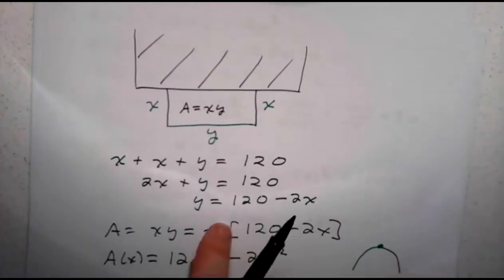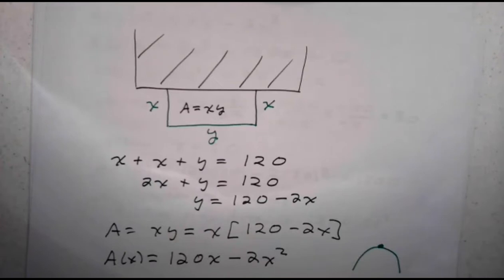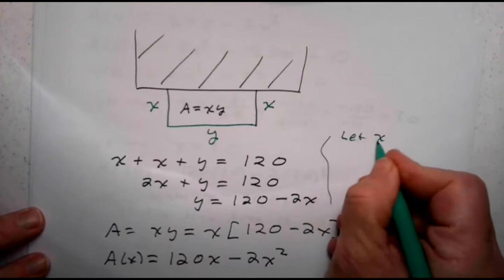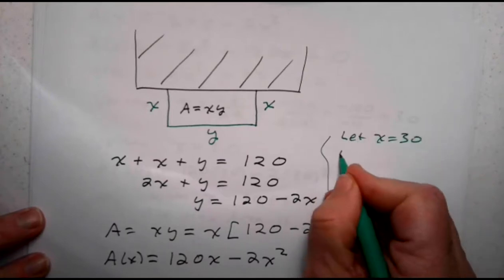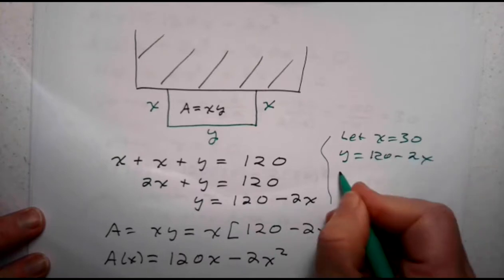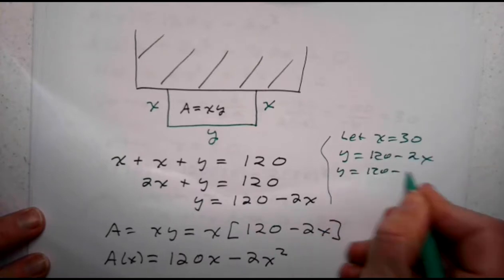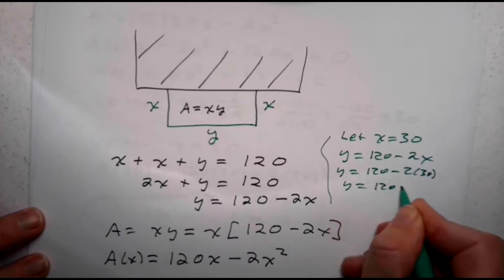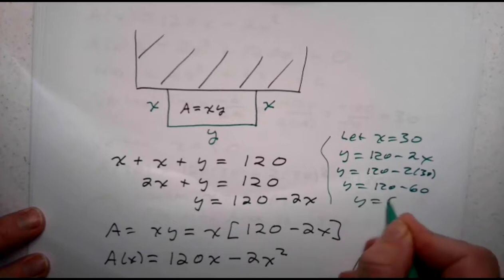Well, our equation here tells me that y is 120 minus 2x. So let x equal 30. So y is 120 minus 2 times 30. y is 120 minus 60, so y is 60.